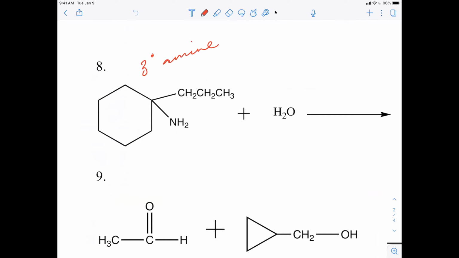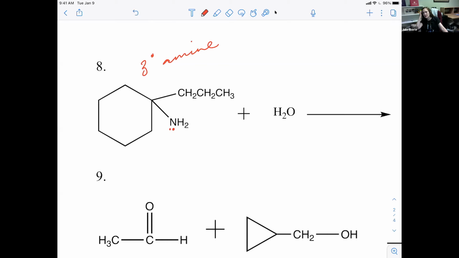Remember, nitrogen can have 3 or 4 bonds. When it has 3 bonds, it's neutral. When it has 4 bonds, it's plus charged, because it has the lone pair. That's right. So I have to add a lone pair. And then it's going to be plus my OH.